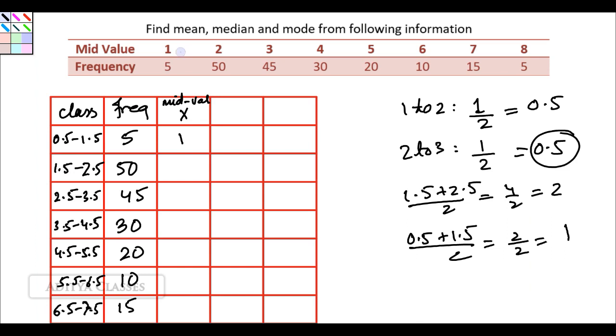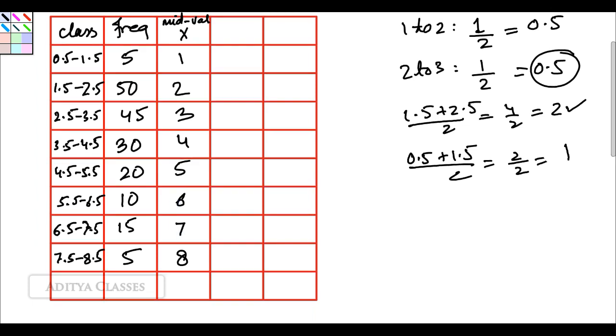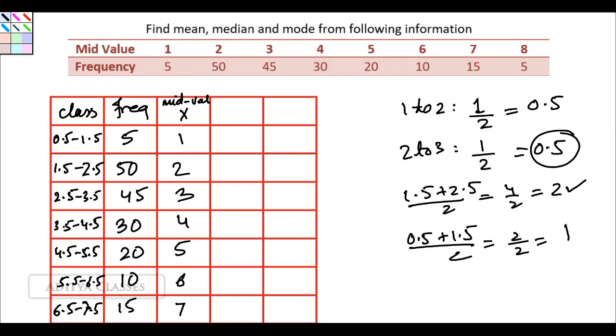So midpoint of this will be 1, midpoint of this section we found out will be 2, midpoint of this will be 3, 3.5 and 4.5 would be 4, 5. So here we have our midpoints, mid values. Now for mean I will be needing fx. Let us go ahead and find out fx.